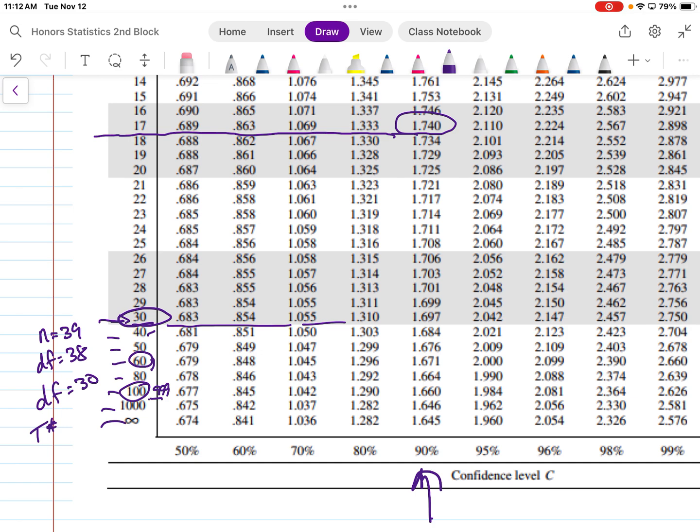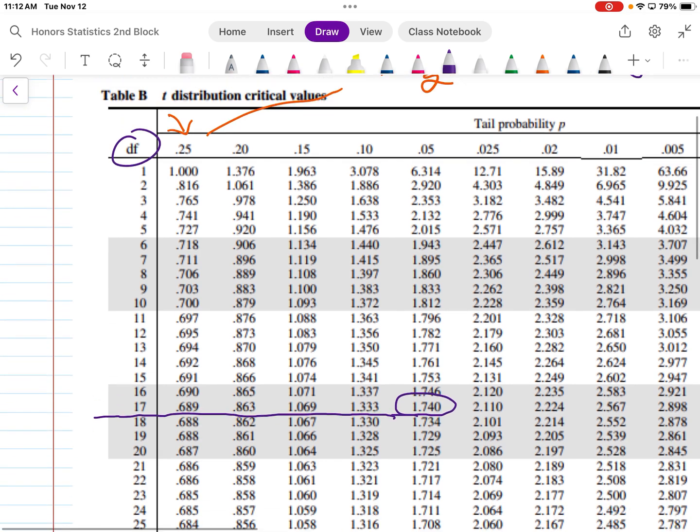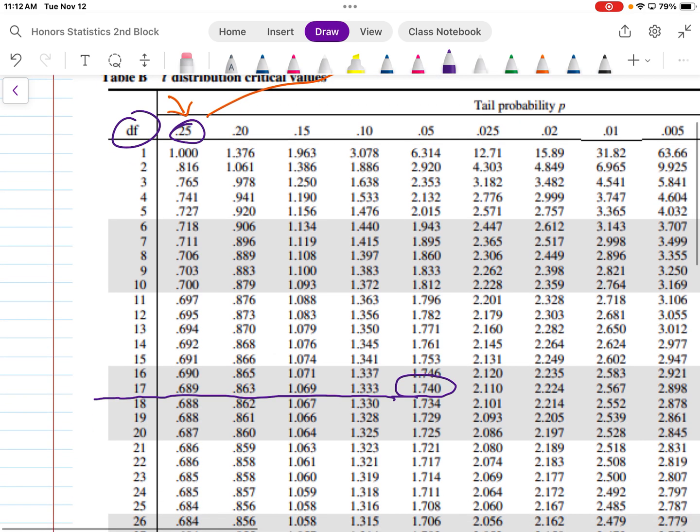I don't know if they have any huge samples bigger than that. And if they want you to use table B, then you're going to have to use table B. Because if we go in and let's do that, n is 30, let's do the degrees of freedom as 38, and then let's compare it, using 0.25 as our area.